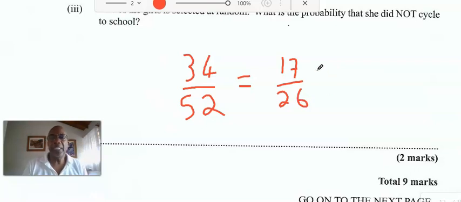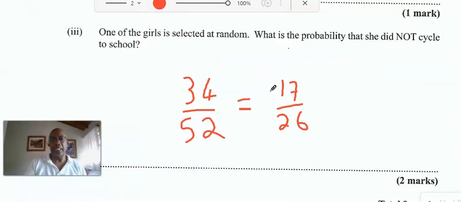That's the probability of a girl being selected at random who did not cycle to school. And we have ended question 5.